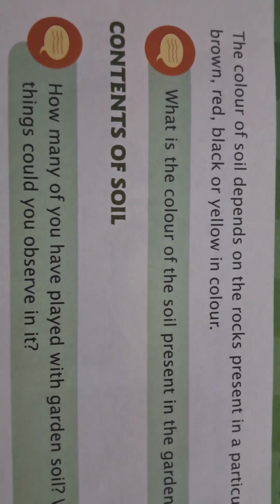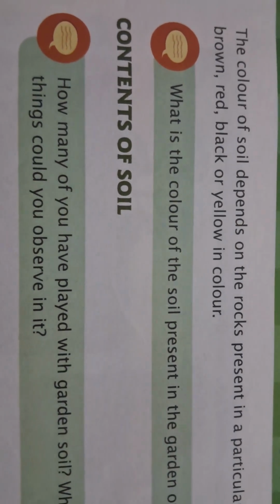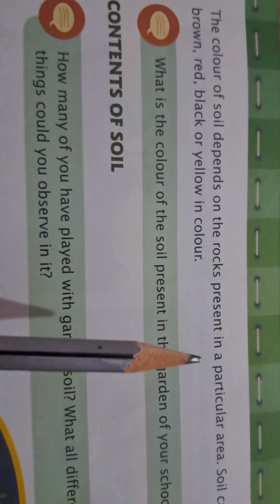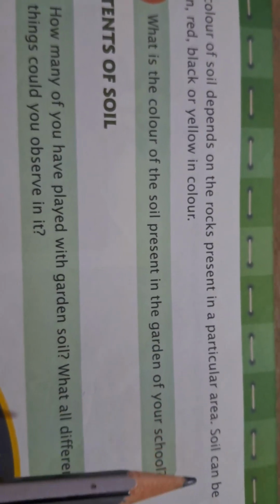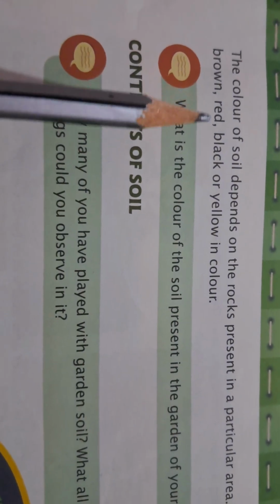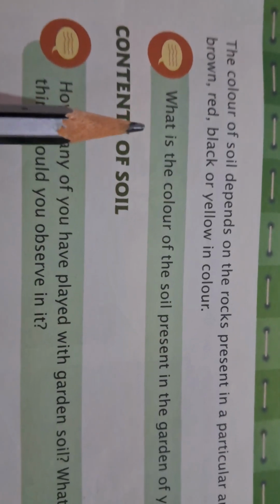In our area it may be black. Somewhere it may be brown, or red. According to the particular area, the color of the soil changes. Soil can be brown, red, black, or yellow in color. So these are all the colors of soil.